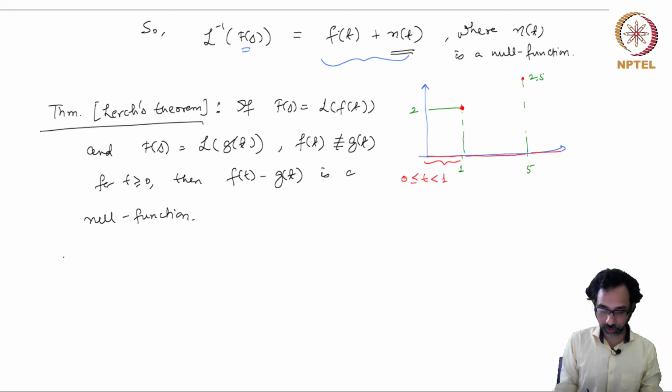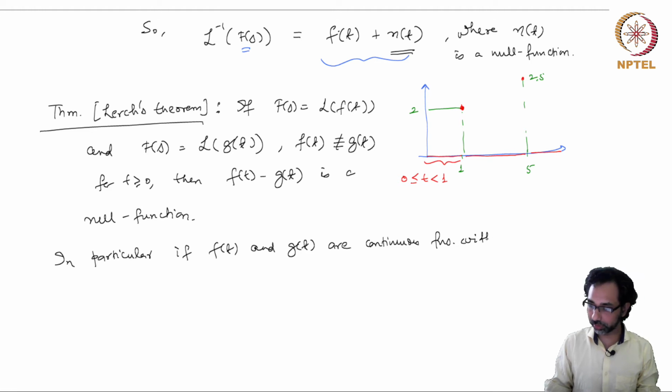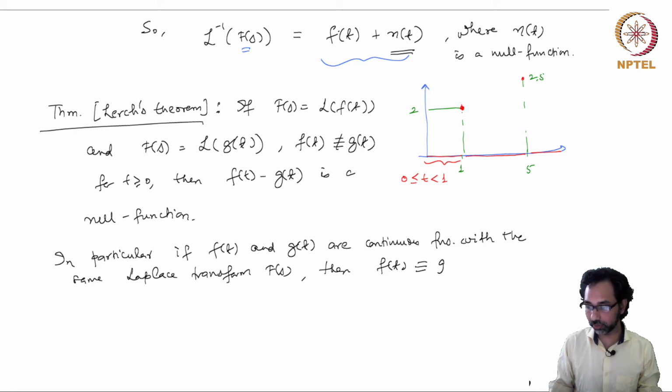In particular, if f(t) and g(t) are continuous functions with the same Laplace transform F(s), then f(t) is identically equal to g(t), because these two are continuous functions.